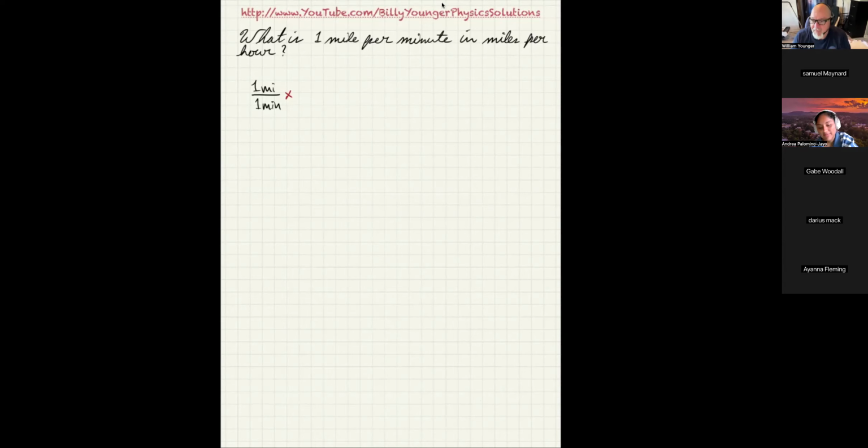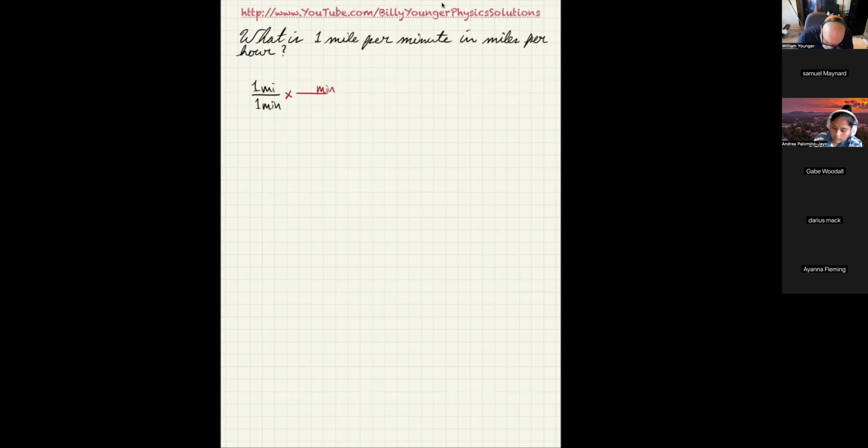Right, 60. So should we put the minute on the top or on the bottom when we go to make this red fraction that we're going to use to convert? Because the minute that we're trying to get rid of is in the bottom, we're going to put the minute on top so that it'll cancel it out.